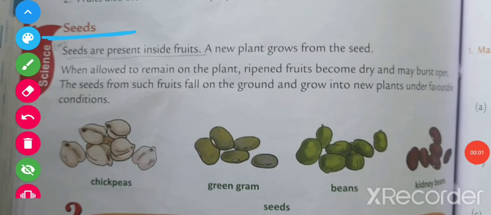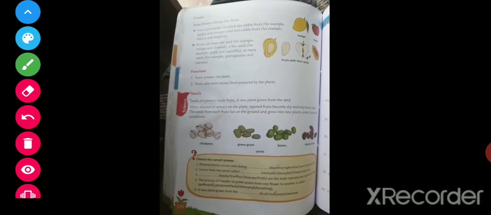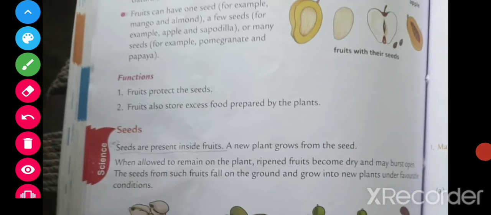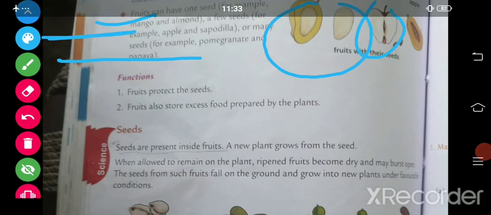Now we read about seeds, also parts of a plant. Seeds are present inside fruits. We saw before apple pictures and mango pictures. This is a mango picture and this is an apple picture.